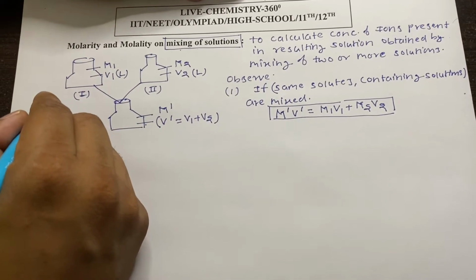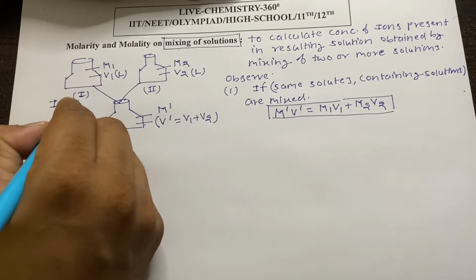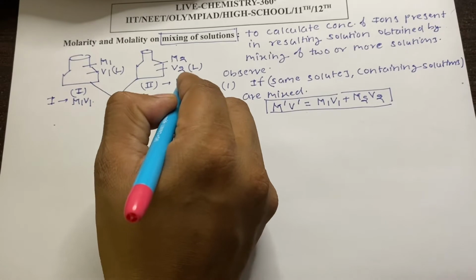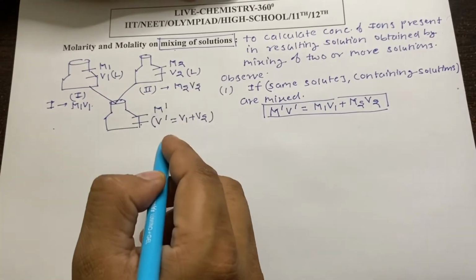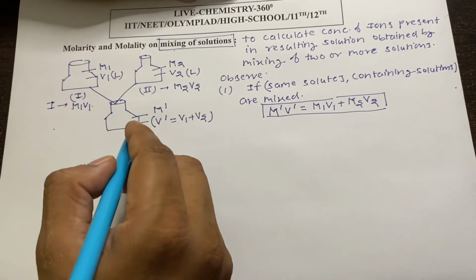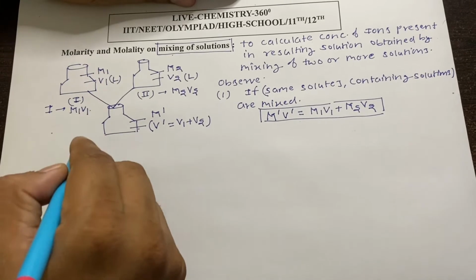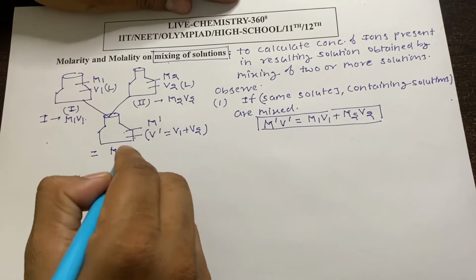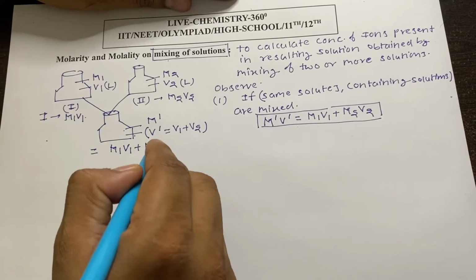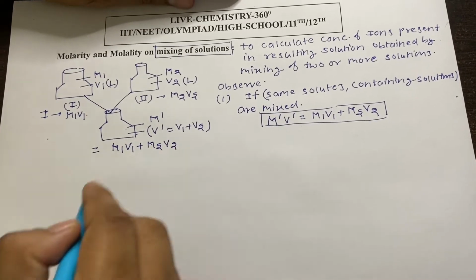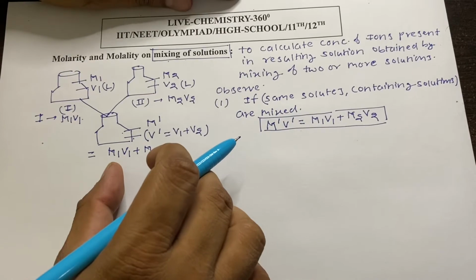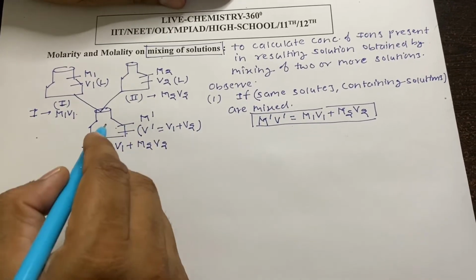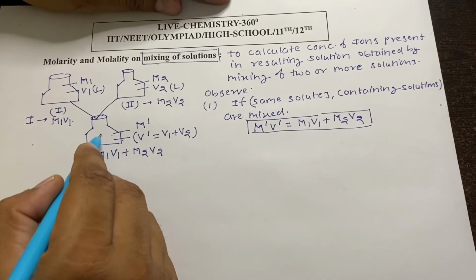The number of moles coming from the first solution will be M1V1, and from the second solution will be M2V2. So the total number of moles in the resulting solution will be equal to M1V1 plus M2V2. So these are the total initial moles, the total moles which are present in the final solution.